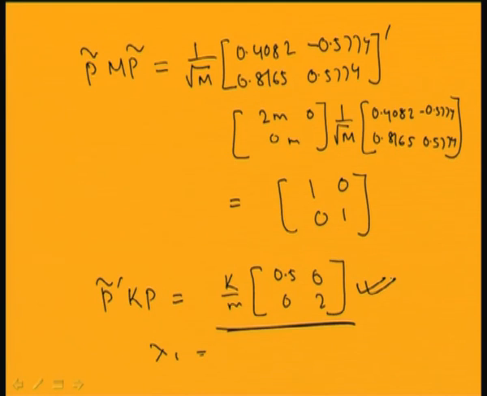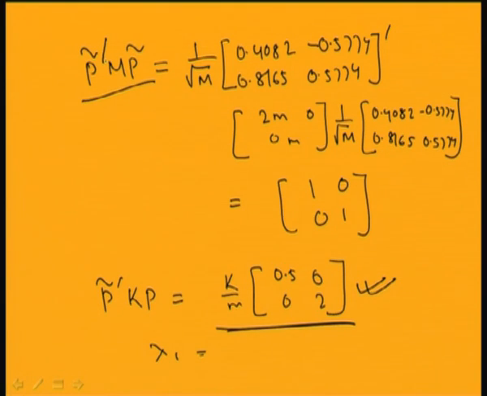So, you have seen that lambda 1 equal to 0.5 K by M and lambda 2 equal to 2 K by M. So, you can check that this is equal to your lambda 1, lambda 2, the diagonal terms are lambda 1 and lambda 2, and in case of the mass matrix, P weighted modal matrix transpose M P equal to the identity matrix, that is 1 0 0 1. And P weighted modal matrix transpose K P equals the eigenvalues, the diagonal elements are the eigenvalues of the system.